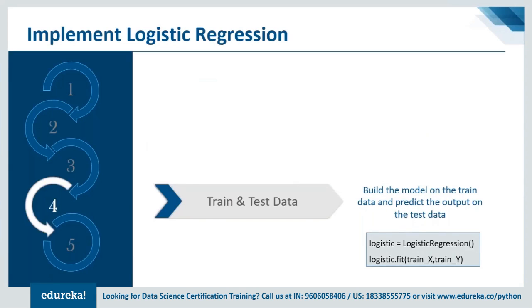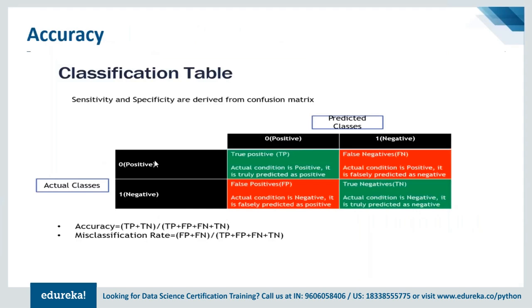If we have to see this, let's come here and see how this works, which is basically the actual versus the predicted. So in actual, if you have 0 which is positive, 1 which is negative, and in predicted if you have 0 positive and 1 negative. So if actual and predicted both are positive, then this is called true positive, which is where the actual condition is positive and the model has truly predicted as positive.